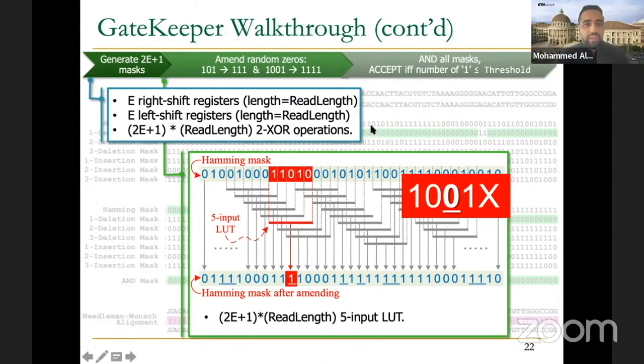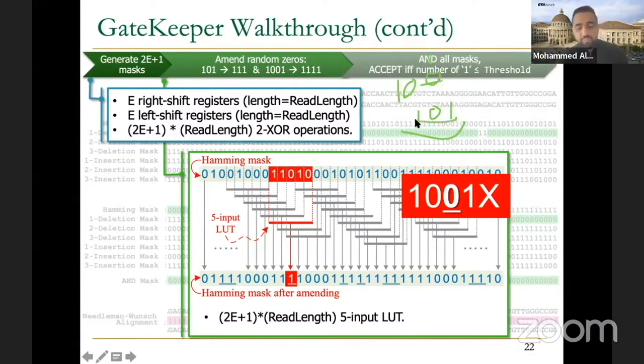You can check any occurrences of 1, 0, 1. That is a 3-input lookup table, the easiest case, which is the single zero. Why do we need 1, 0, 1? Why not 1, 0, and then not check the last bit? Because it could be 0 or it could be 1. So in order to be sure that this is a 1, you really need to consider the 3 bits together.